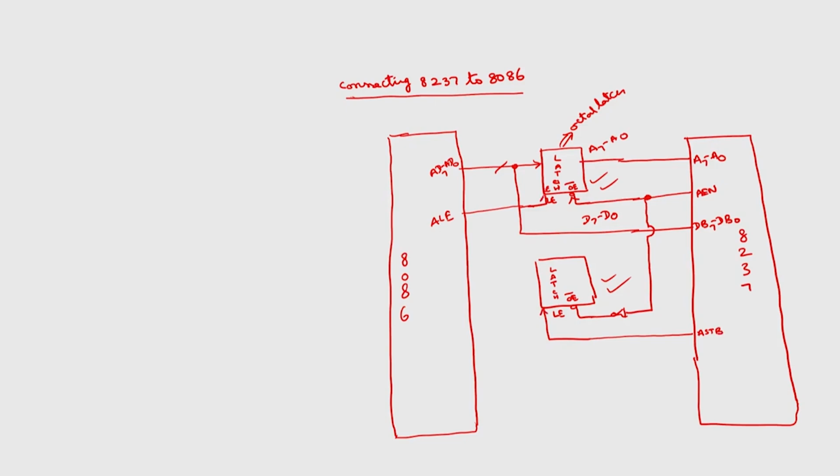So in case of lower order address, latch enable will be generated by the ALE signal, whereas in case of higher order address bus, the input will be AD15 to AD0. Here the output will be A15 to A0. So, this and this together will act as a 16-bit address.